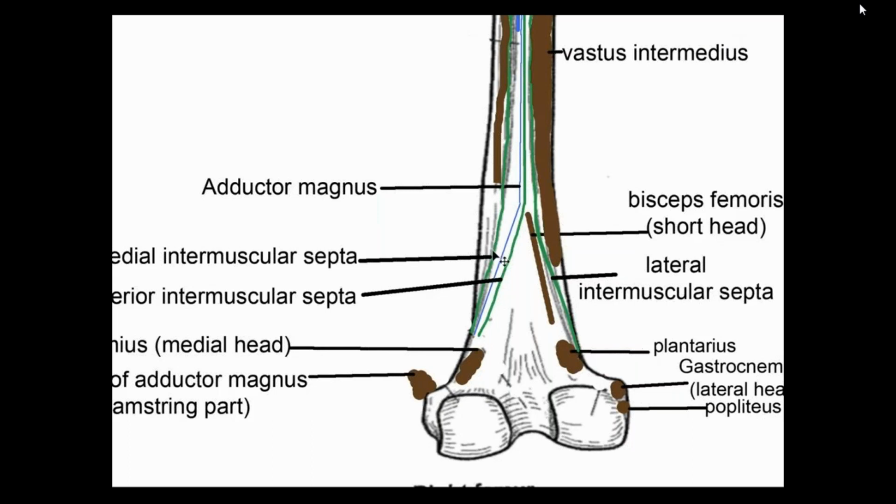First is the medial intermuscular septum. Second, the non-hamstring part of adductor magnus, and third, in the upper two-third part, adductor longus. On the lateral supracondylar line, three structures are attached. The first is the lateral intermuscular septum. Then there is the short head of biceps femoris, and in the lower part there is plantaris.